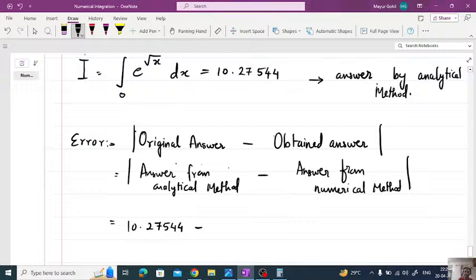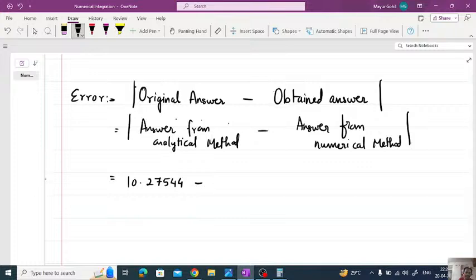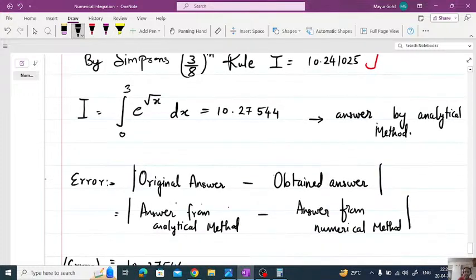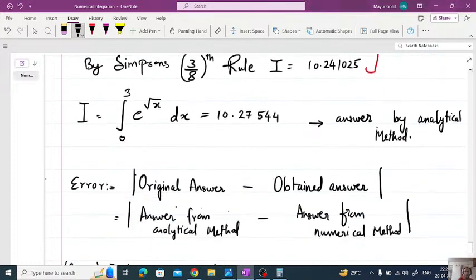10.27544 minus, now error for trapezoidal you can calculate. ट्रेपेजॉइडल में से कितना मिलता है एरर. 10.2246.